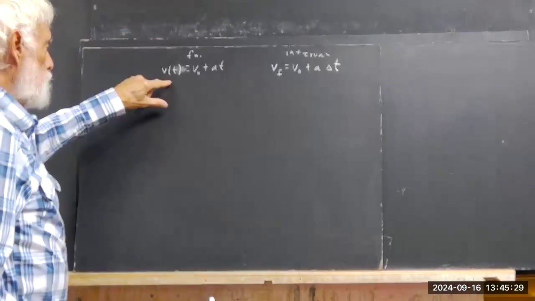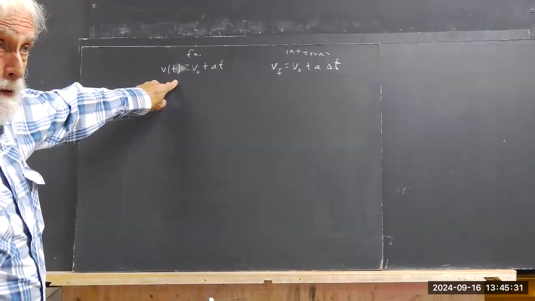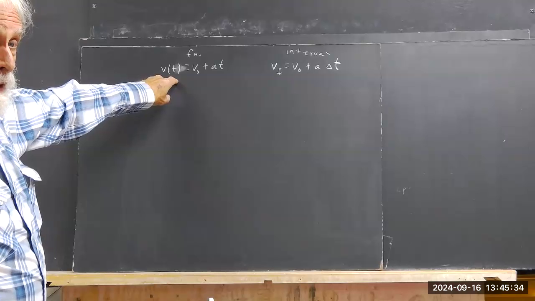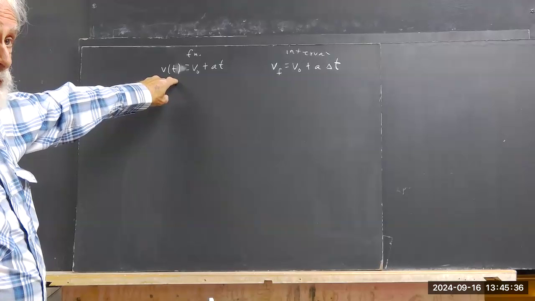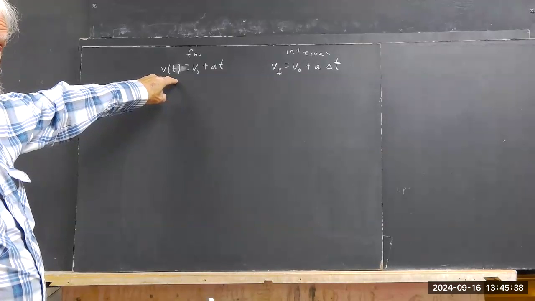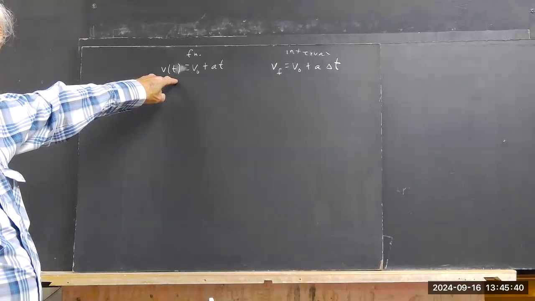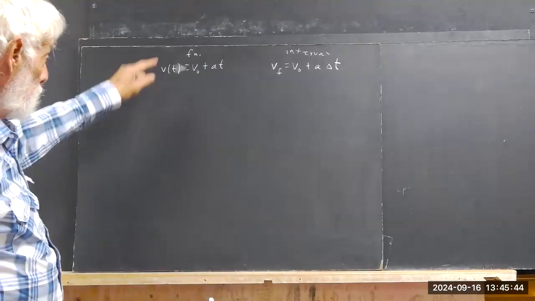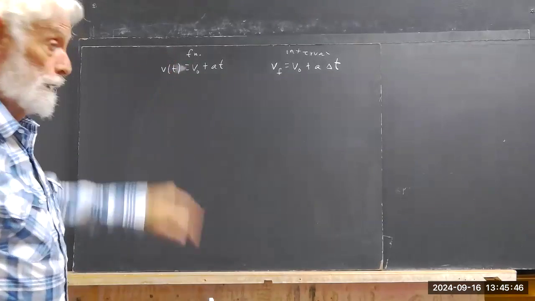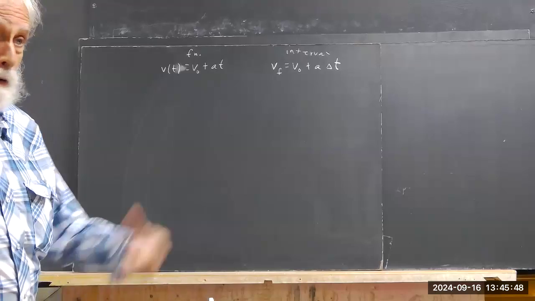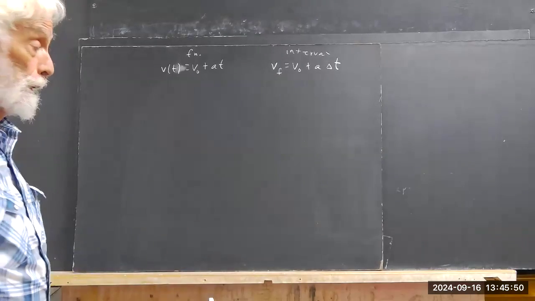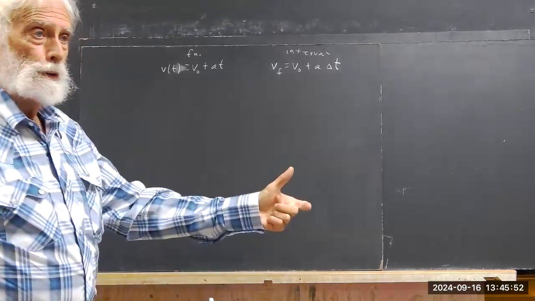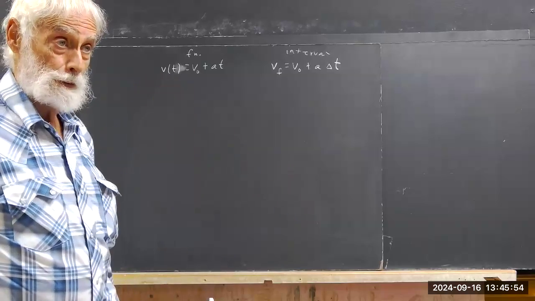I'll write V of T instead of just V because your book just writes V and expects you to understand that that's a function of time and it has a graph. Okay? That's something you should be able to do, but I want to make it really explicit by putting the T in parentheses. Okay, no criticism of the book, it's a good set of equations, but it's easier to use it mindlessly if you don't understand this.